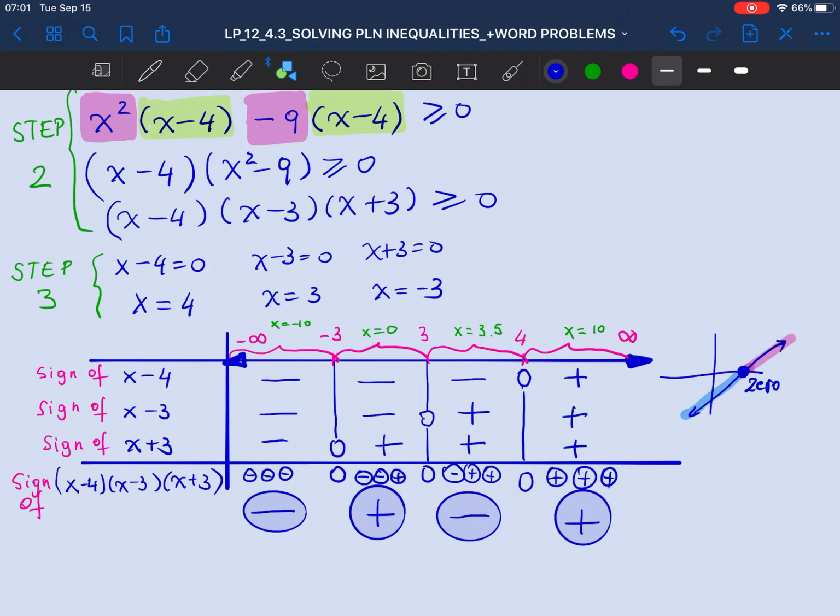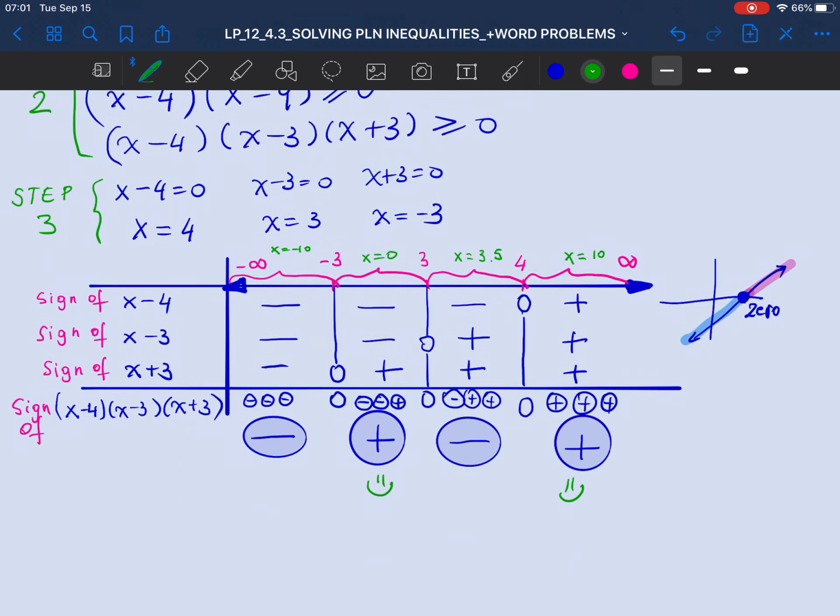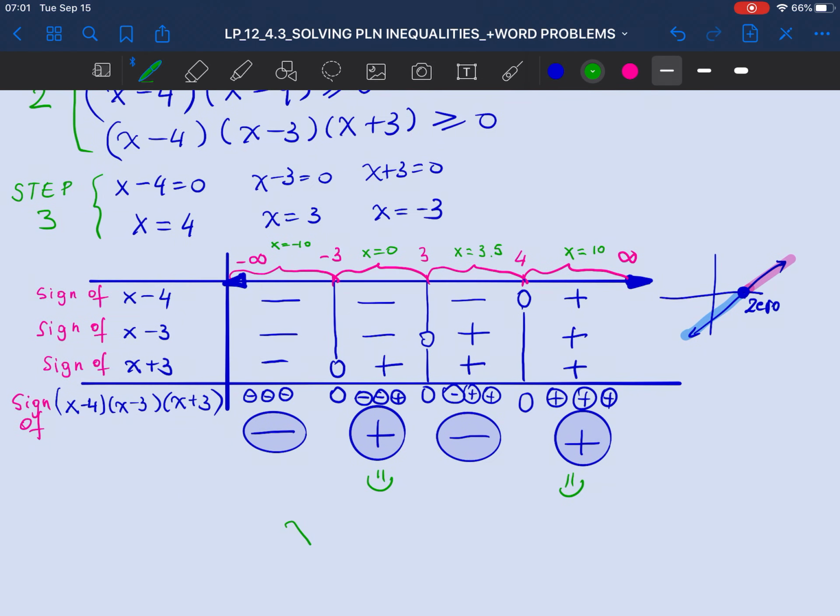So now we're thinking, what did we want the product to be? We wanted the product to be bigger than or equal to 0. So a positive or a 0. So this is where the positives are. So we're going to say that x will have to be between negative 3 and 3 for the product to be positive.